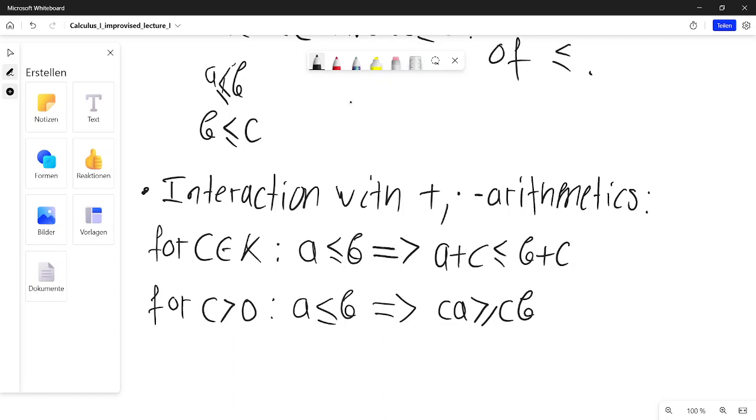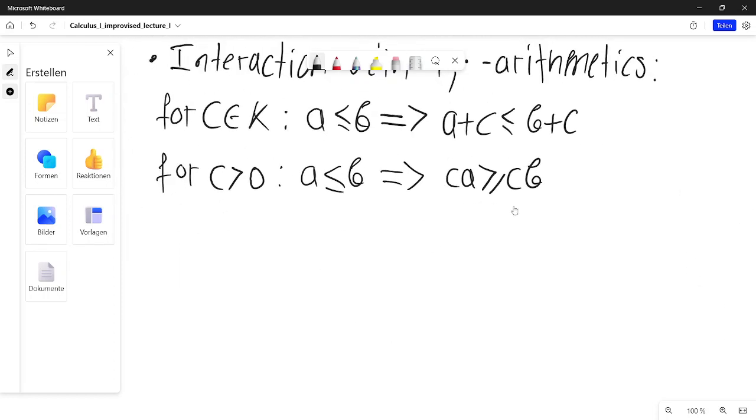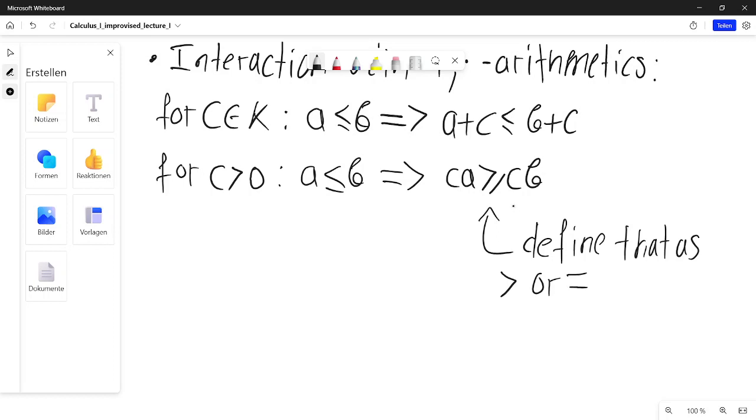Okay, here I already have to explain what is bigger or equal. Define that as... Of course we could define it always, because or is actually like inclusive or, but just to have that already in our mind, let's show that it's really exclusive.